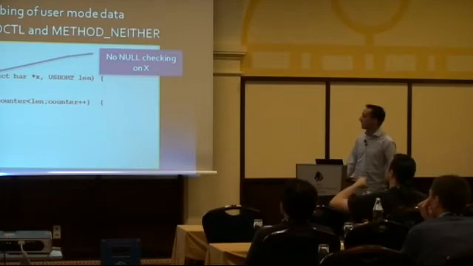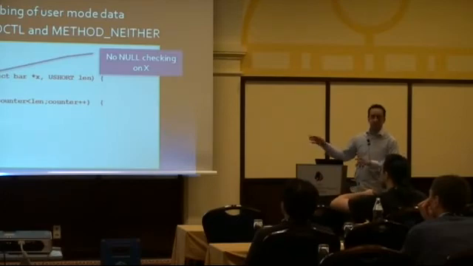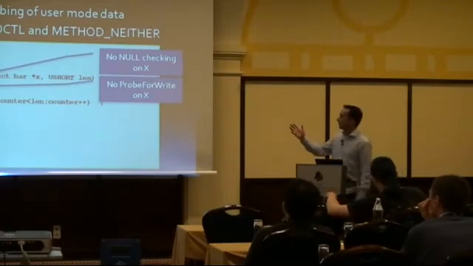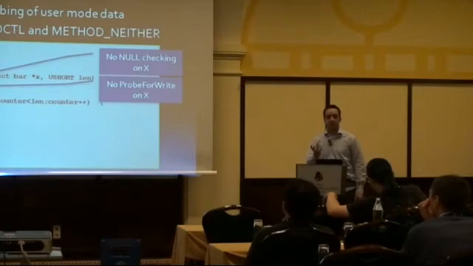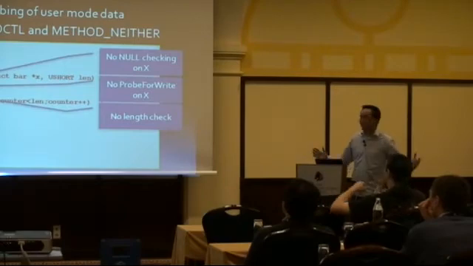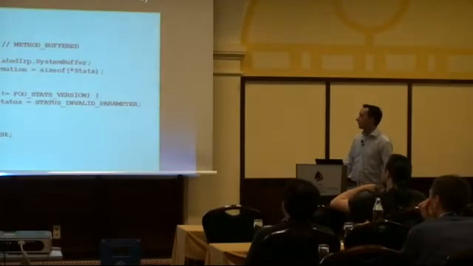There is no null checking. Again, this is fake code. We're going to go to real code later. No probe for write on X. So for example, if we're going to return data to the structure bar, we need to probe it for write. No length check. Probably bar was not allocated with a sufficient length, etc.